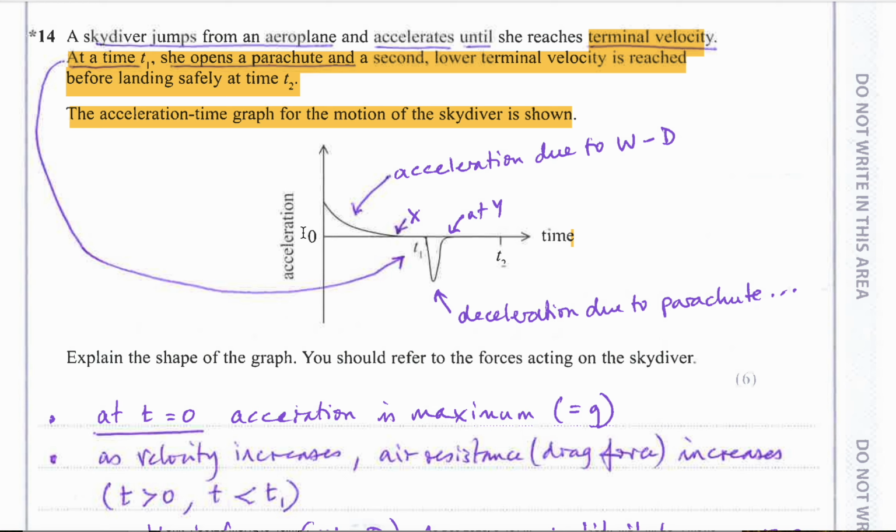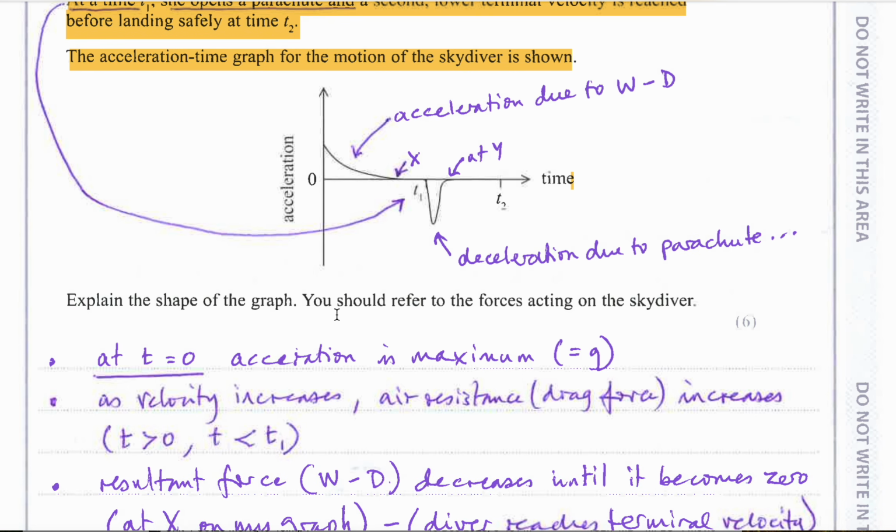Usually at GCSE, you would have done a velocity time graph for a parachutist, and the gradient would have been the acceleration. And then she opens the parachute, and a second lower terminal velocity is reached at time t2. Okay? So that's what it's telling you is happening. Explain the shape of the graph.